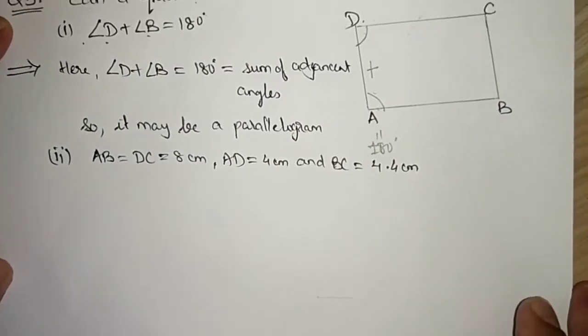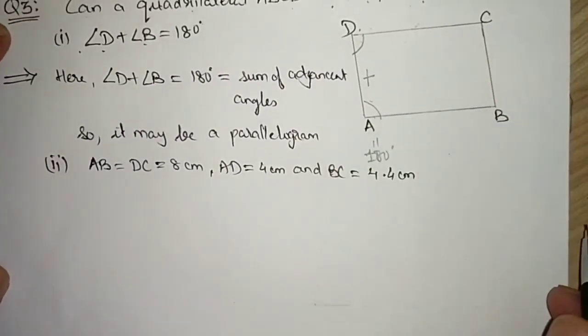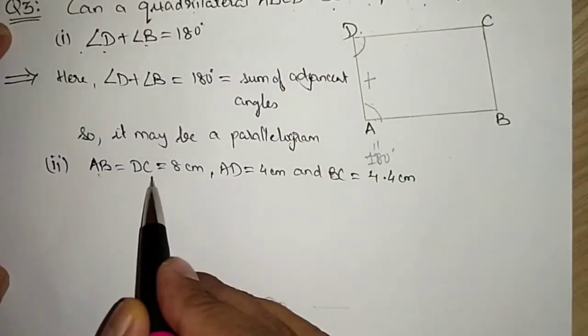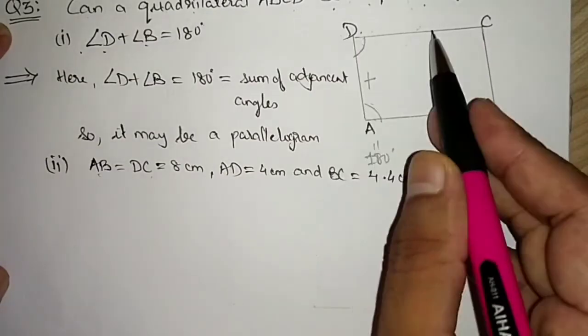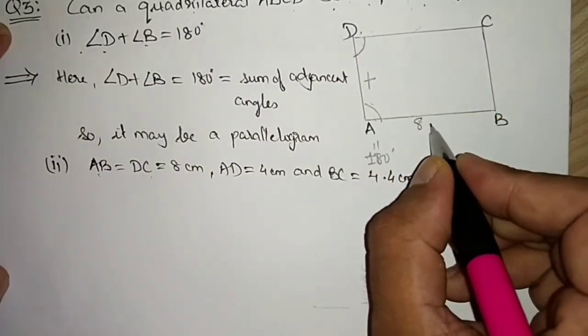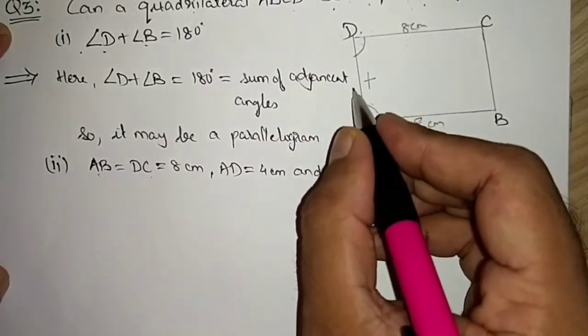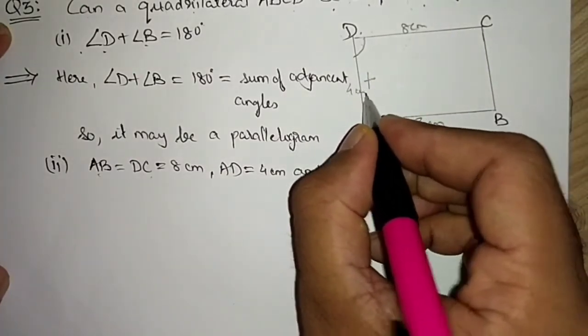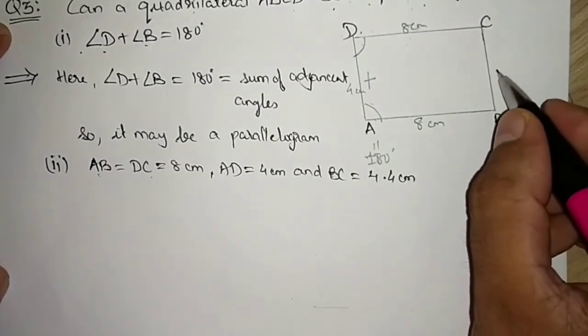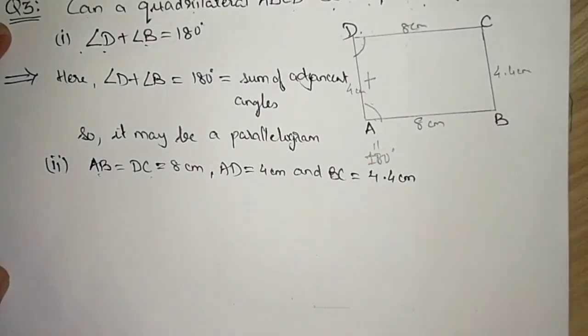Let us give this to the corresponding sides. AB and DC both are 8 centimeters. AD is equal to 4 centimeters and BC is equal to 4.4 centimeters.